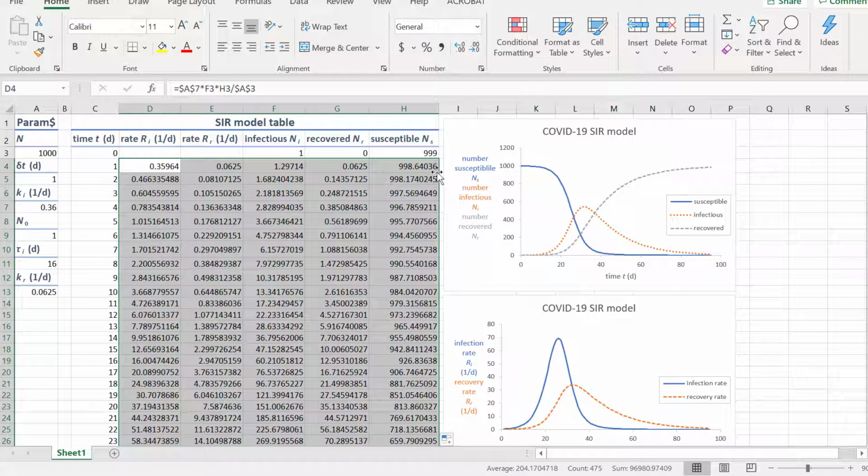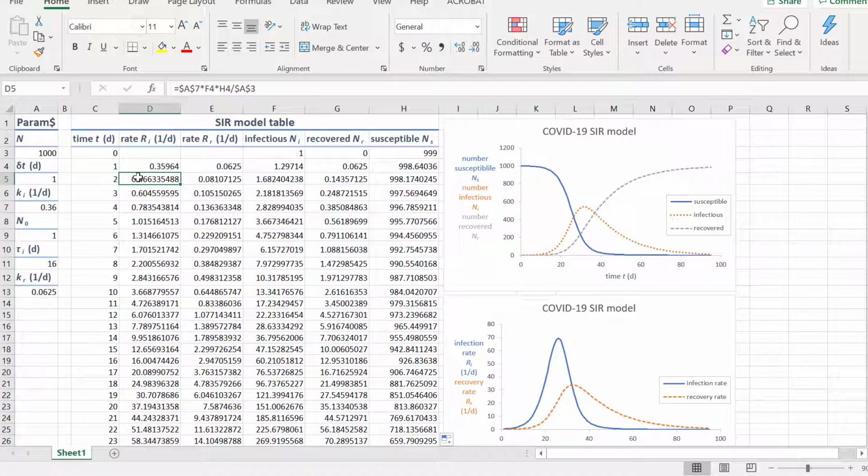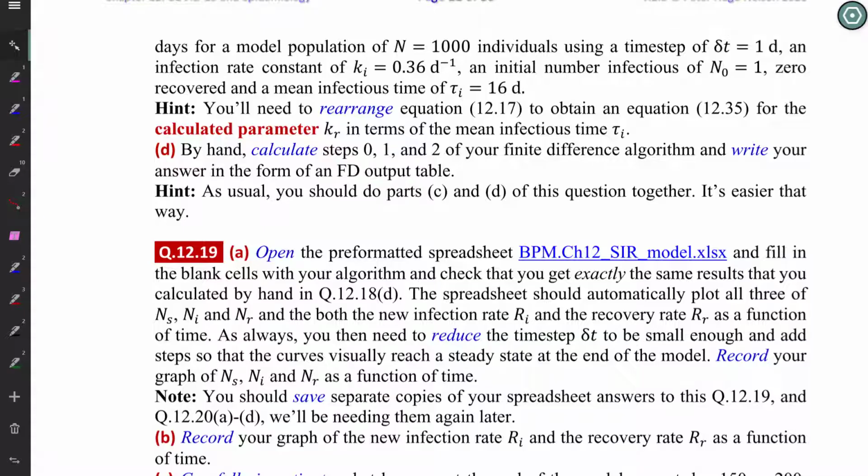Yay! And it worked. Okay, it doesn't always work. So if it doesn't look the way you expect, then you have to go back and double check that you inputted everything correctly.